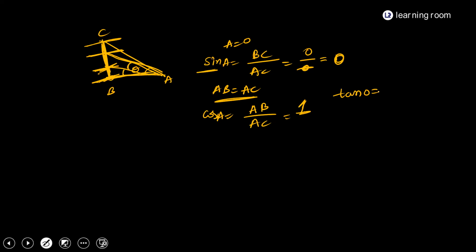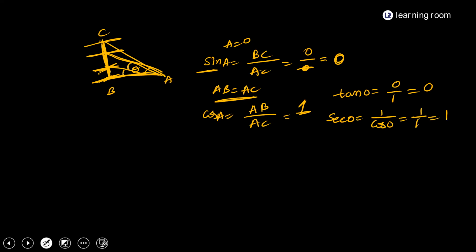What about tan 0? Sin 0 by cos 0. Sin 0 is 0, cos 0 is 1. 0 by 1 is 0. Okay. What about secant 0? 1 by cos 0. 1 by 1 equals 1.